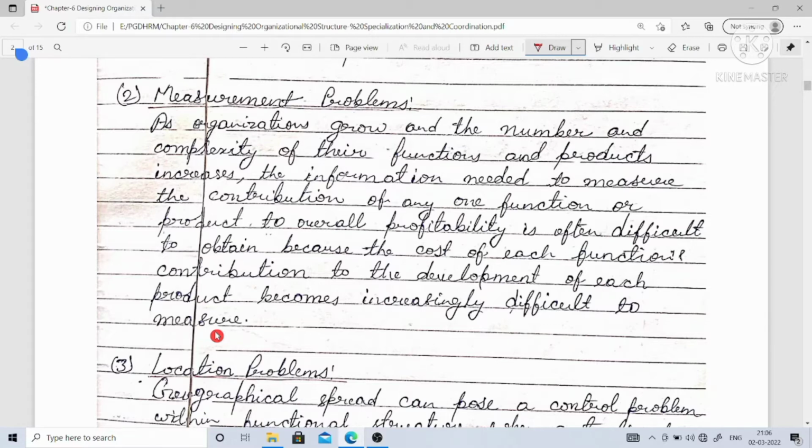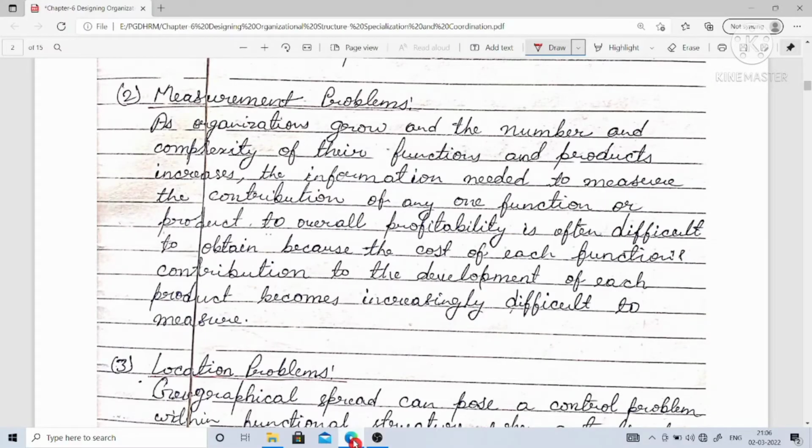Now you see here, if so many different functions are going to develop in the organization as the organization grows, then in that case the contribution of each function to the profitability of the organization becomes very difficult to determine. So managers are not able to evaluate which function is contributing more to the profitability of the organization.